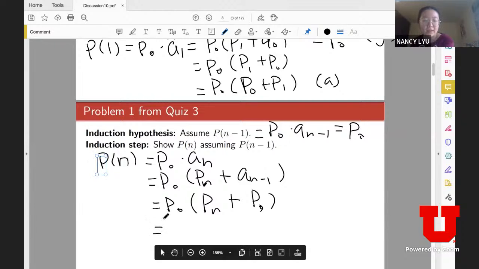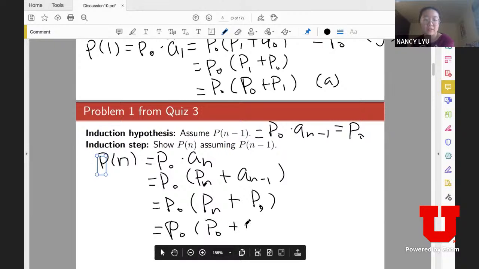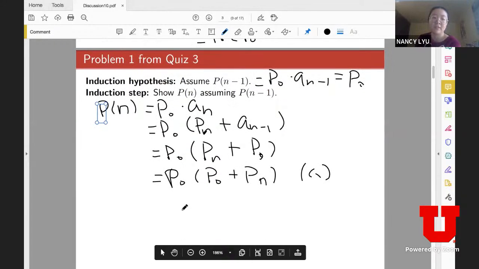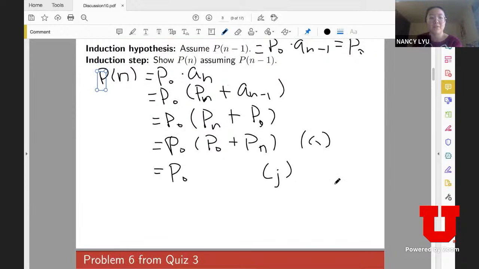And then you can just do the same as you proved for P1. You just switch the order and use absorption here. And you would get P0 for absorption. And you're done.